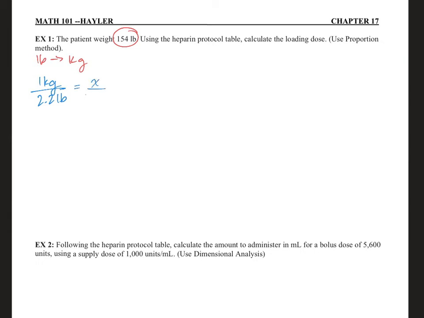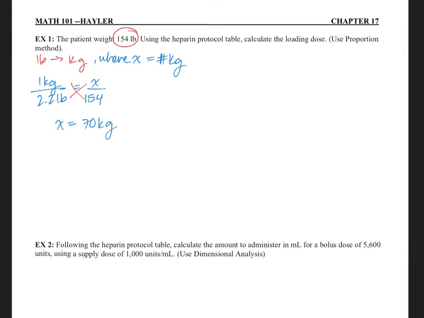So we'll set up that proportion, 154 pounds, where X is the number of kilograms. Cross multiplying and solving for X, we get that X equals 70 kilograms. Alright, so now we know that X is 70 kilograms.